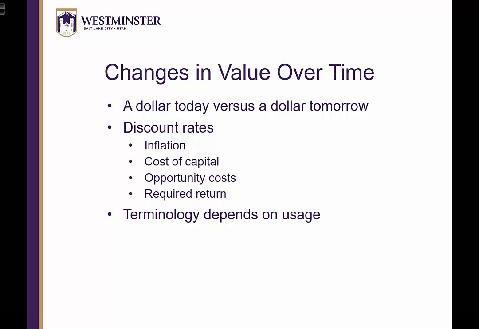Or maybe it's just an opportunity cost, which would be the next best alternative. And finally, an investor might think of this discount rate as a required rate of return. So a discount rate, which is going to be active in the denominator of our basic time value of money equation, is going to be different depending upon what we're trying to accomplish.